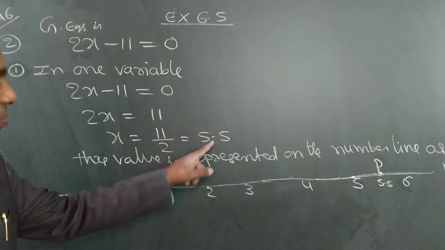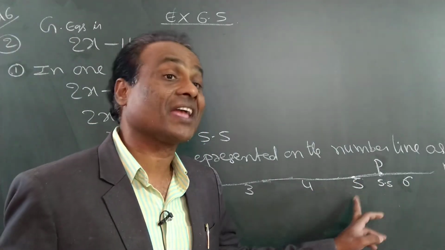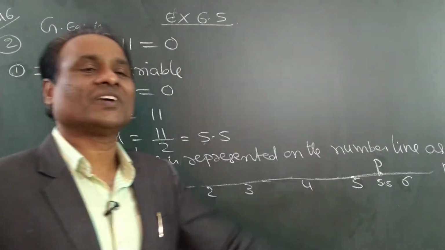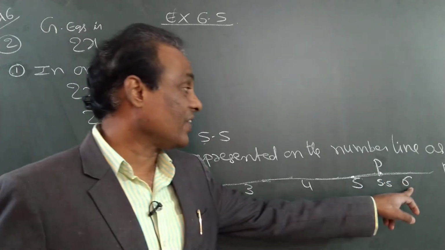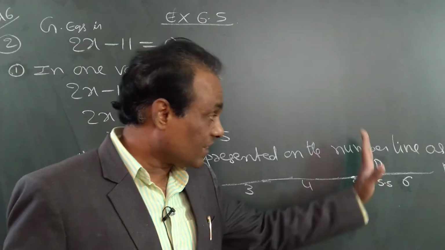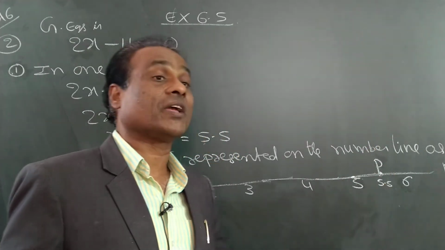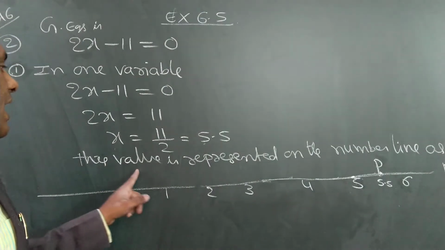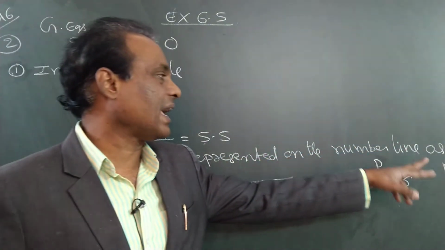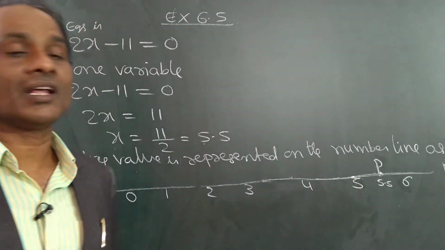What is P? 5.5. Between 5 and 6, in the middle of 5 and 6, there will be 5.5. So this value is represented on the number line as the point P. That's all.